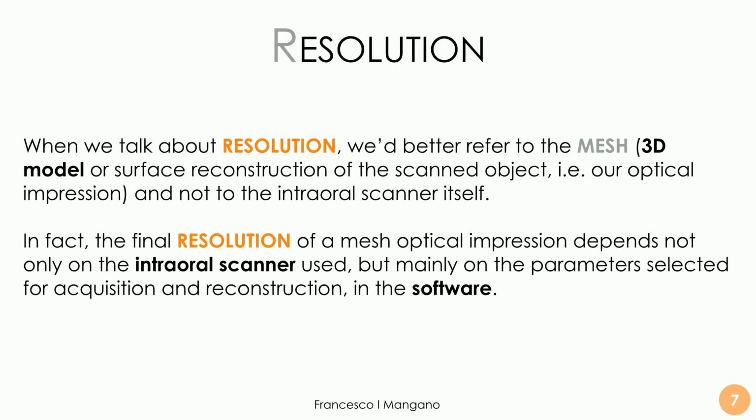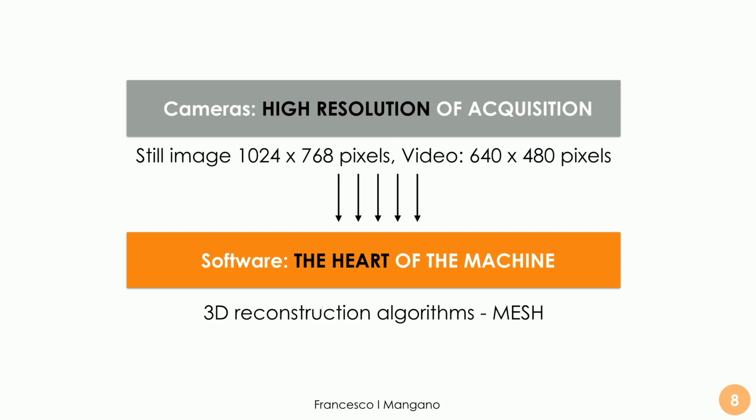So basically, the final resolution of a mesh depends not only on the scanner and its point clouds, and then the decisions made by the software, but not only on the cameras of the scanner; it also and mainly depends on the software. So we have two key players here: the cameras, but almost all intraoral scanners have high resolution of acquisition, they have powerful cameras.